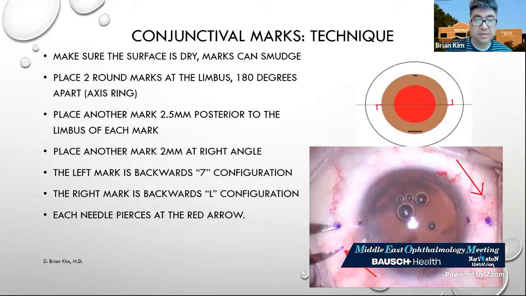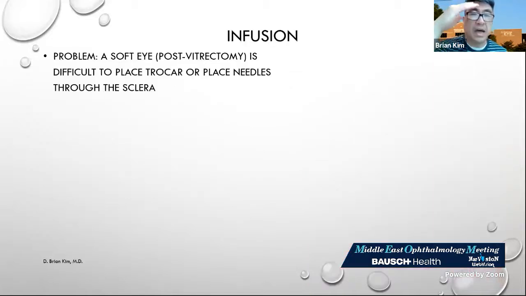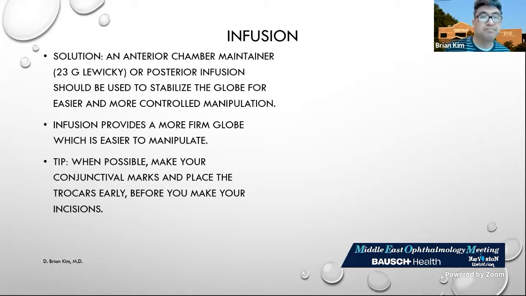Yes, thank you. So as has been discussed earlier, trying to make incisions and placing trocars in a soft eye is very difficult. And so you want to do those more difficult steps, placing the trocar and tunneling your sclera, before you make all of those incisions, because doing that is going to be difficult in a soft eye.